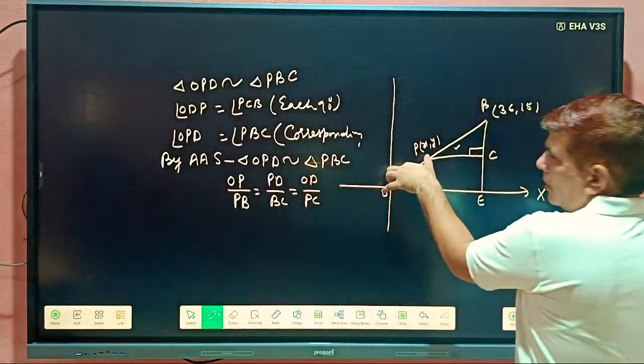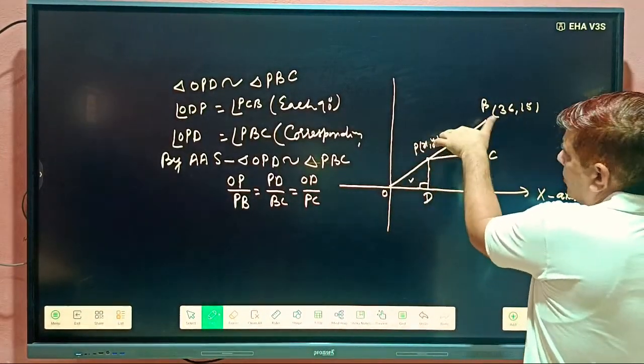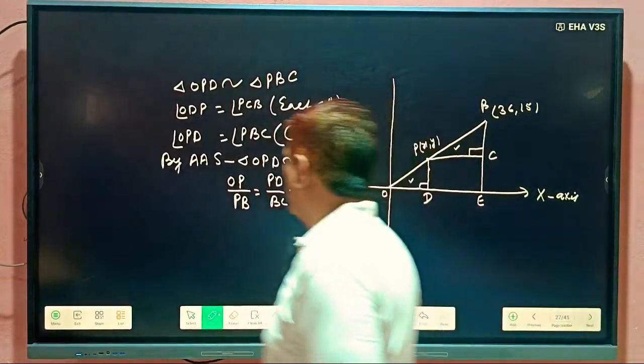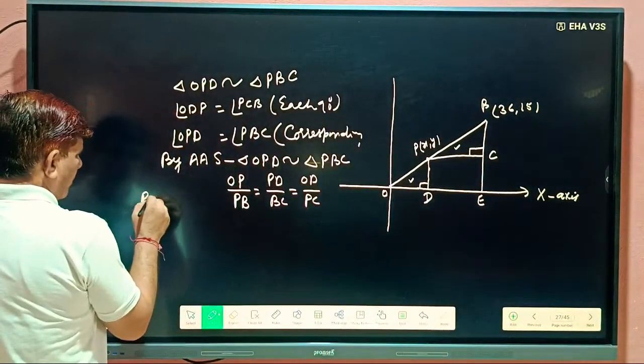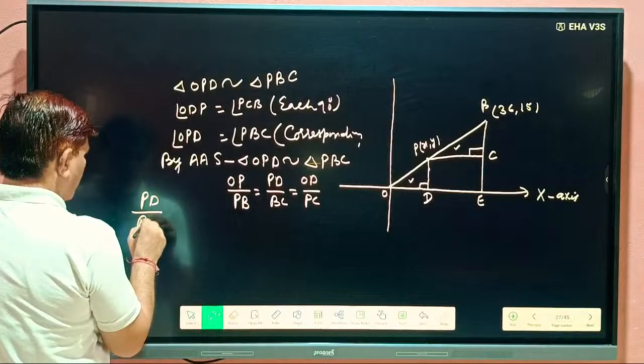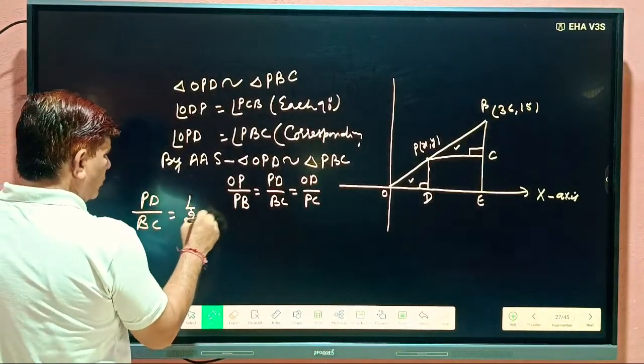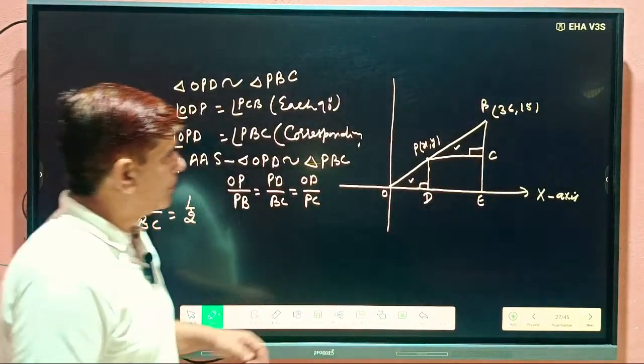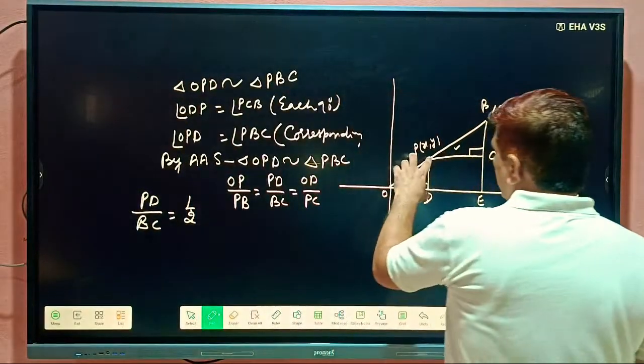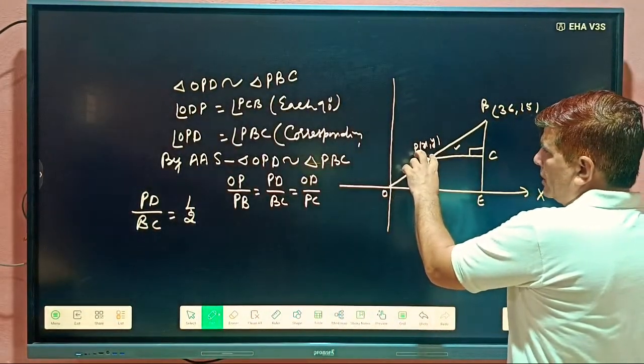OP is 1 unit, PB is 2. So PD by BC is equal to 1 by 2. This is PD. How much distance is this?